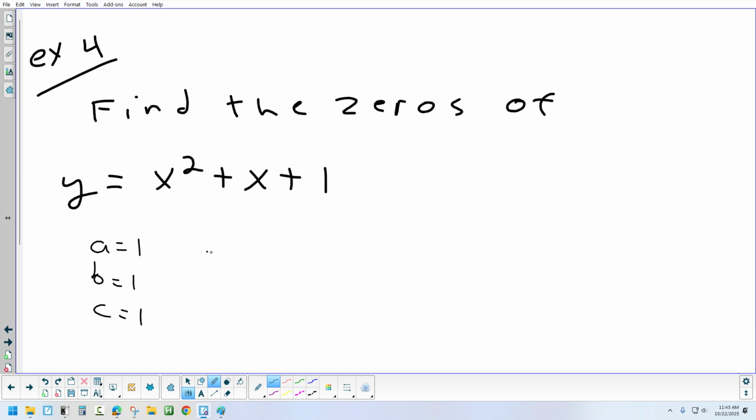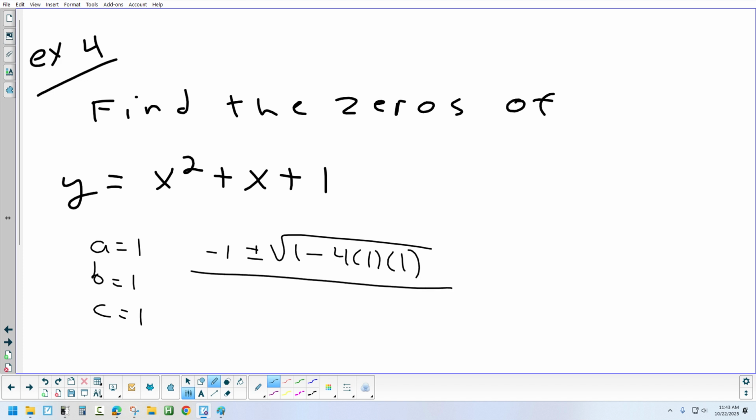So we get negative b plus or minus square root of b squared. And what comes after that? 4ac, all over 2a. So that's going to be -1 plus or minus.